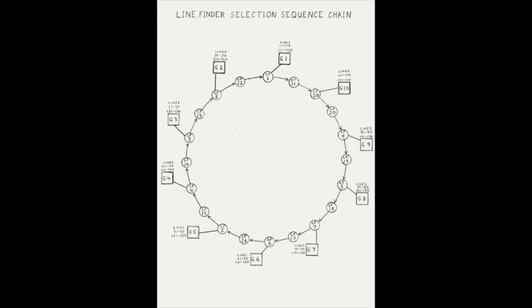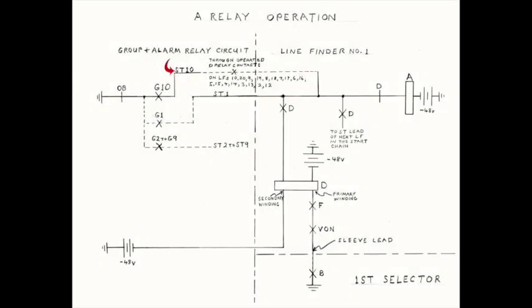Just so happens in our example that all the line finders from number 10 through to line finder number 12 in the selection sequence chain are in use with their D relays operated, transferring the grounded start lead ST10 as far as line finder number 1, its 19th choice line finder. The grounded ST10 lead operates the A relay in line finder number 1.